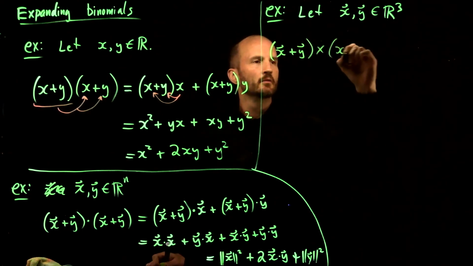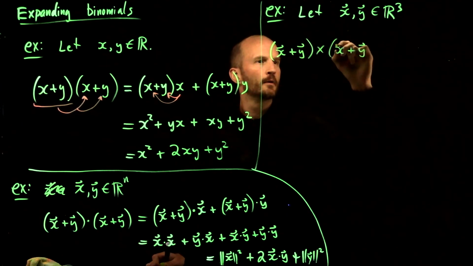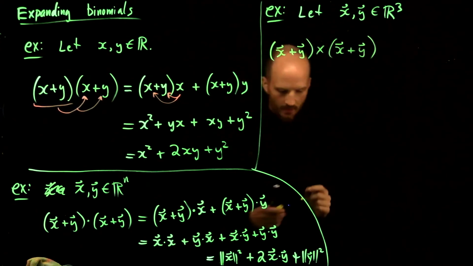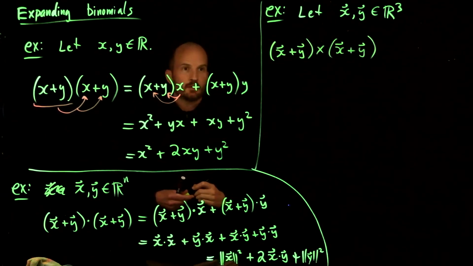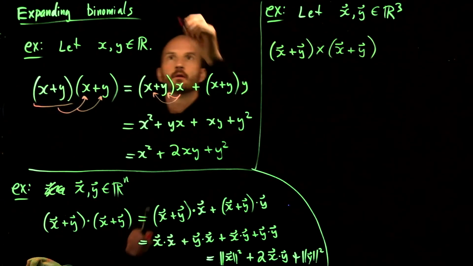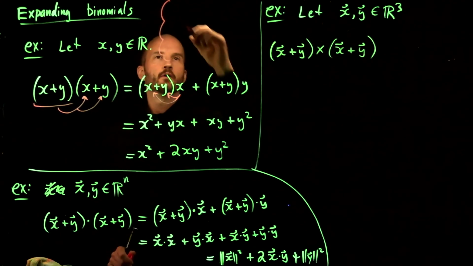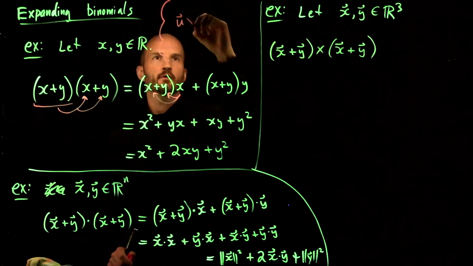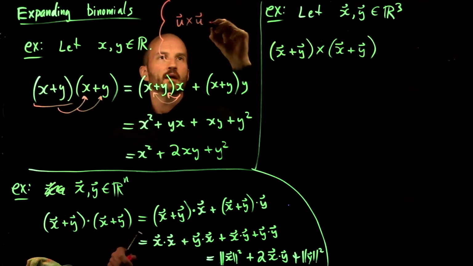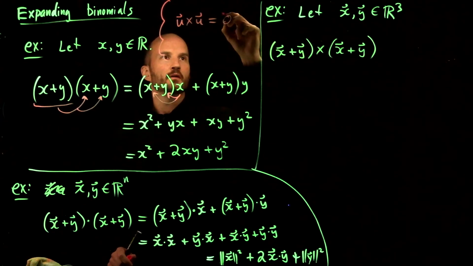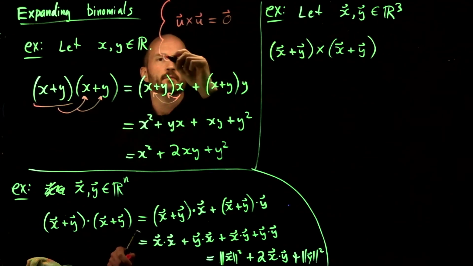Cross. So what's that going to be? Well, remember, if you have a vector cross itself, we have a property that says this is the zero vector.